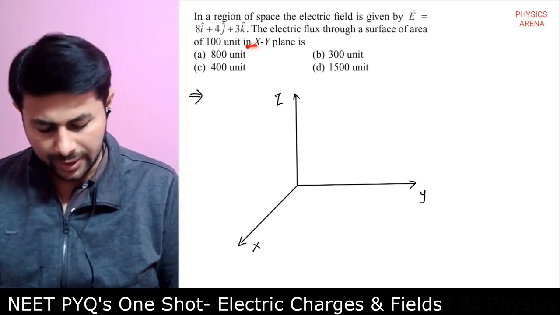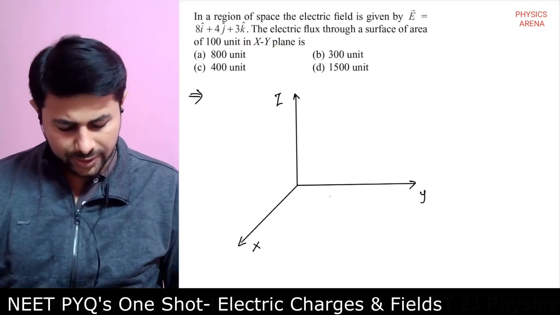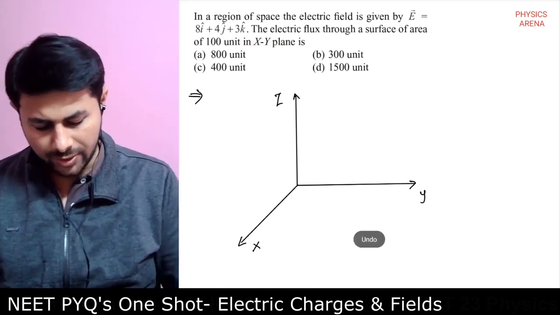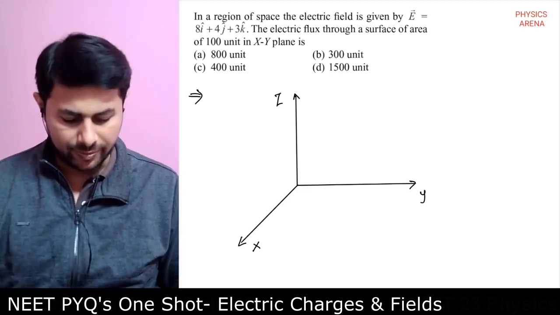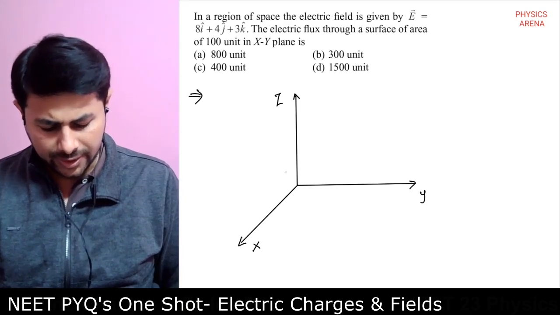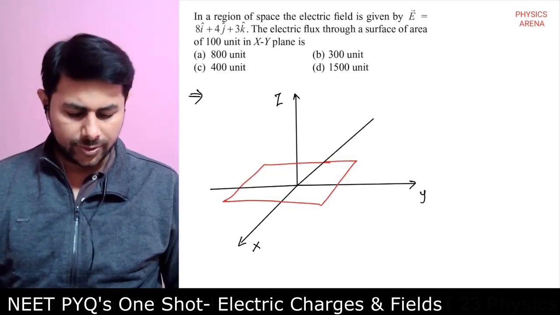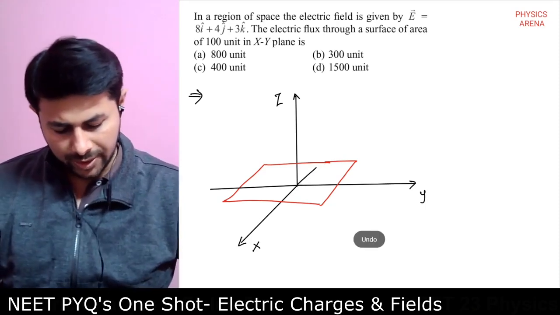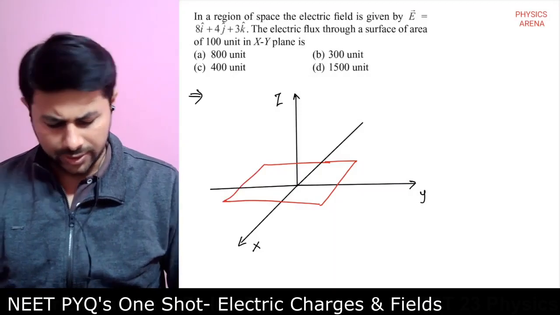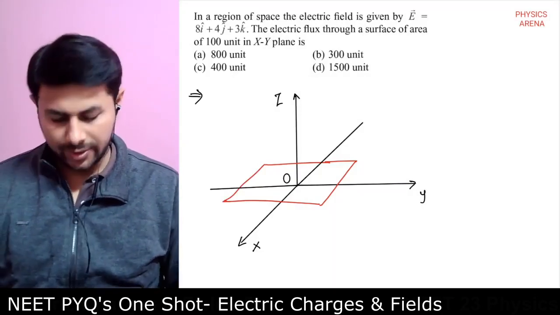Let's consider any area in the xy plane, or we can draw it parallel to the xy plane also. It makes no difference. Now suppose the origin of the electric field is at this point.